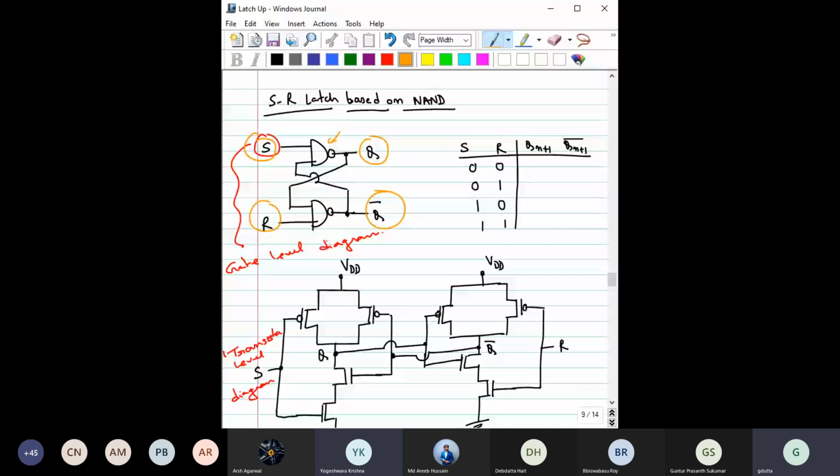Here for 0 1 it would be 1 0, it would be 0 1, this would be Qn, this would be Qn bar, and here this state would be equal to 1 1, and this is not a valid input for the SR latch. 1 1 is not a valid input for the SR latch, right?